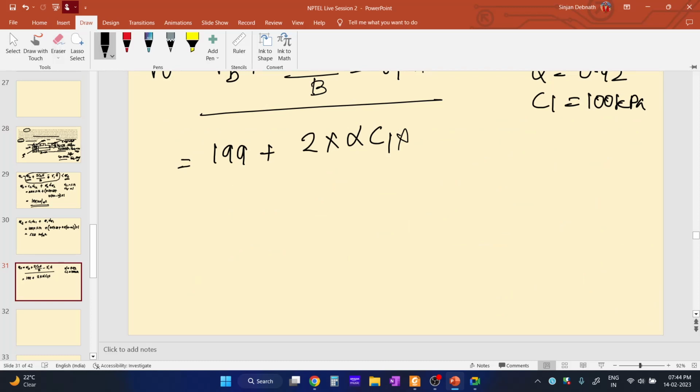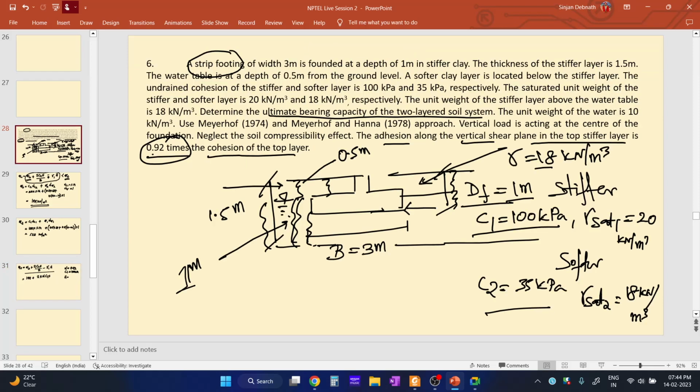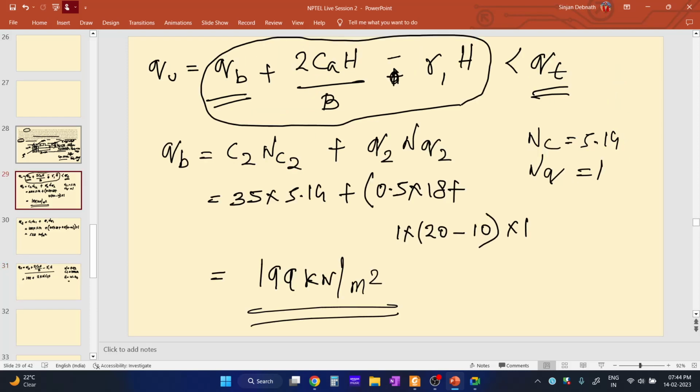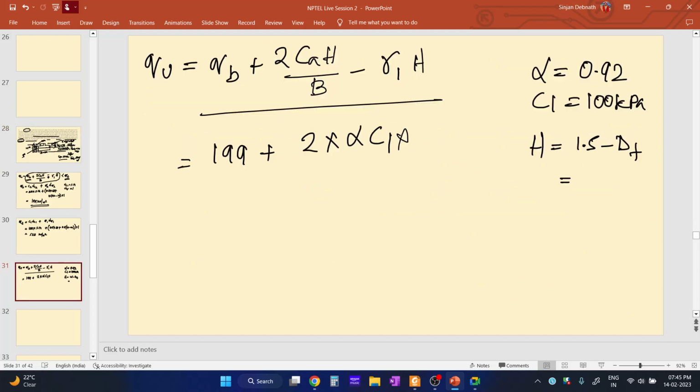H is actually the thickness of the top layer, that is 1.5 minus df. What is the value of df? Df is equal to 1 meter. So H will be 0.5 meter.